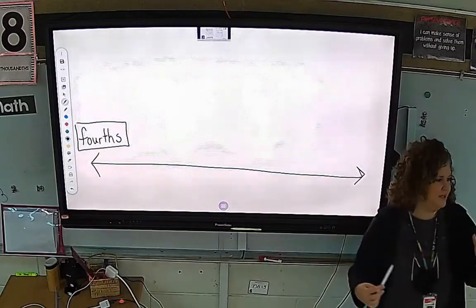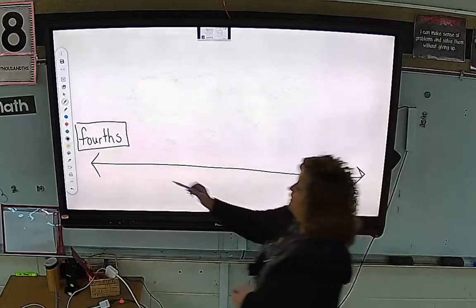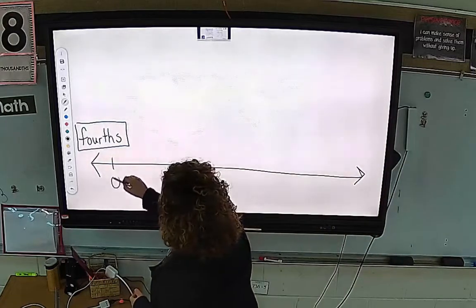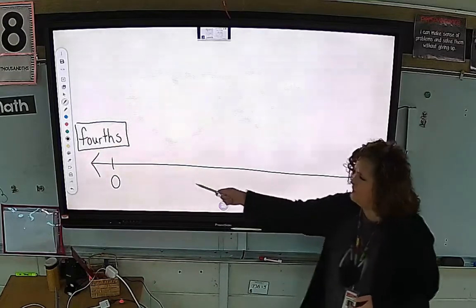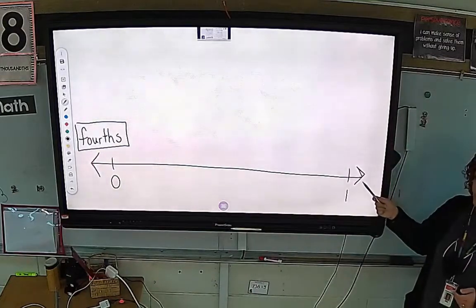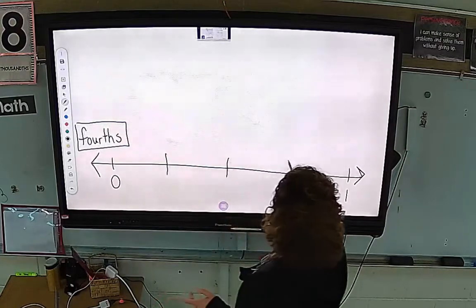Then we would need to put a 3 on there. We need to put 4 pieces between 2 and 3 and 4 pieces between 3 and 4. Let's just make it simple this time. That is only one whole number. Okay, so like Reagan said, we can cut this into 4 pieces.